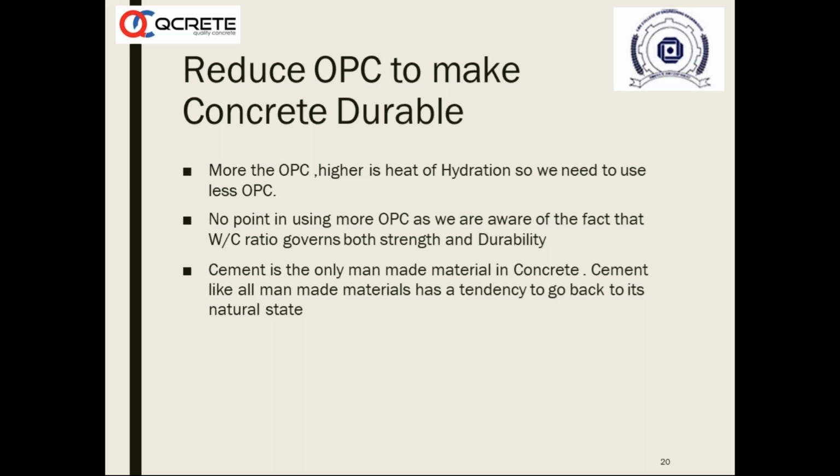But cement does, and its travel from the artificially synthetic state to the natural state is aided by external agencies like temperature, chloride attack, sulfate attack, carbonation, etc. So the lesser the amount of OPC in the concrete, the more the durability will increase. You are containing that tendency by using a lesser amount of cement.